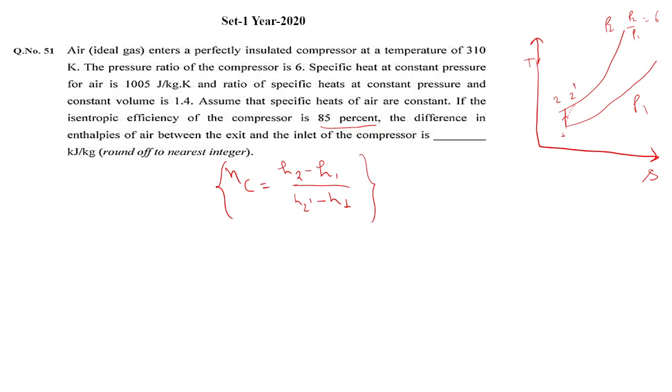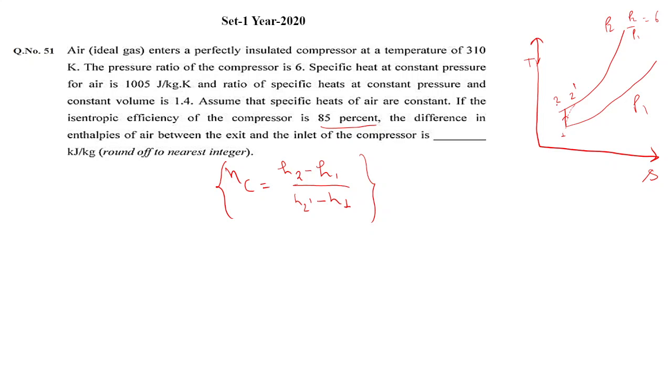For compressors, it would be an irreversible process. For a compressor, we have to give the work, so the work done for the irreversible process would be more. So it will go this way, and for efficiency, it should be less than 1. So the value of 2 dash would be more than 2.